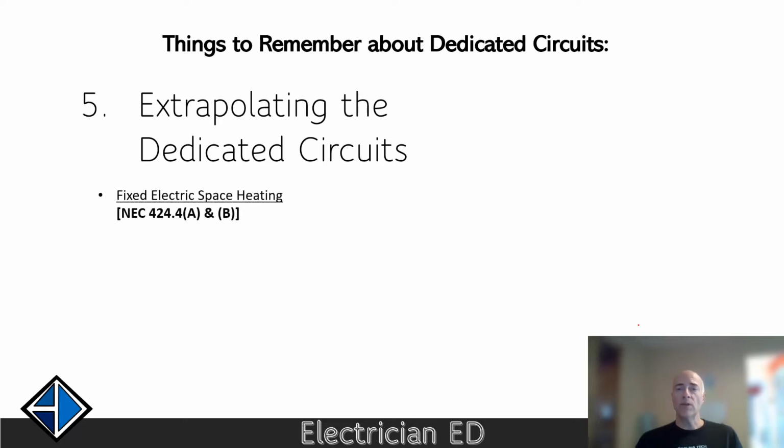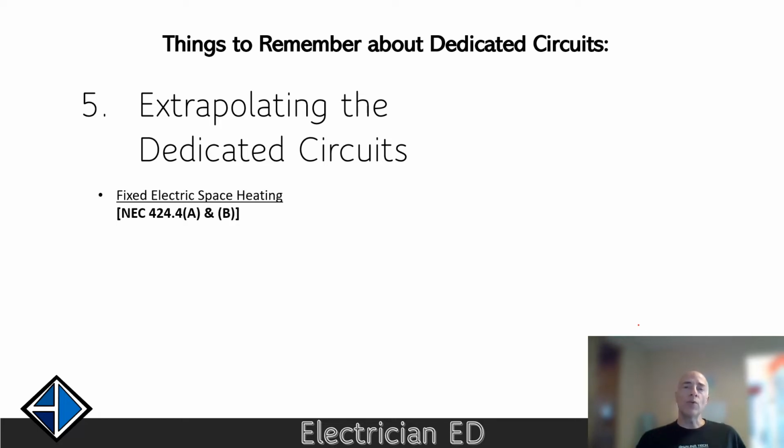And the first one that comes up is fixed electric space heating. By fixed, I mean not the type that you carry into the room and plug into a wall receptacle. These are the kind that are attached to the house in some way or another. And fixed can be as simple as having 2 screws or one single nail holding something on. It's fixed in place.